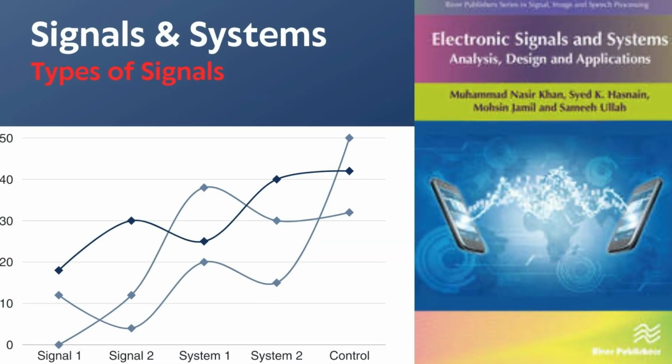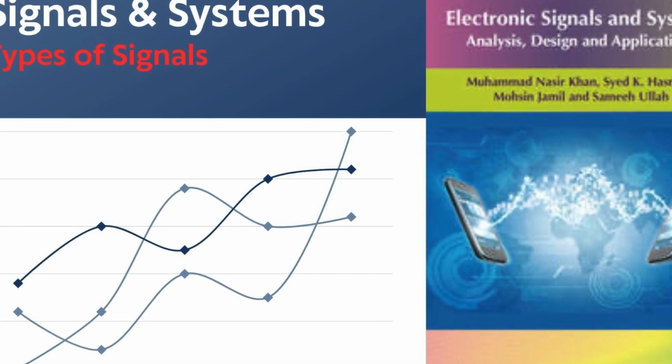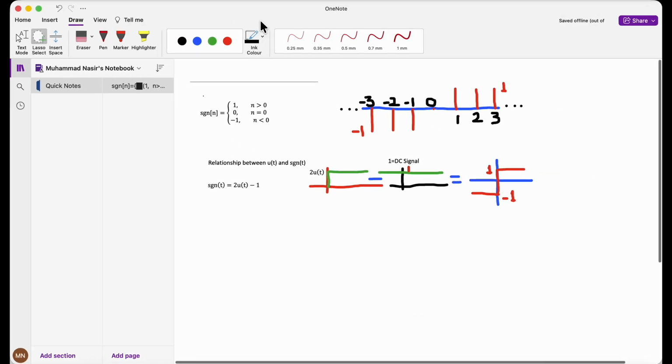So how can we write the signum function for a digital signal? You can write signum of n is equal to 1 when n is bigger than 0, equal to 0 when n is equal to 0, and equal to -1 when n is less than 0. You can represent it in graphical format: at 0, and on the positive side, the value of the sample is always equal to 1.